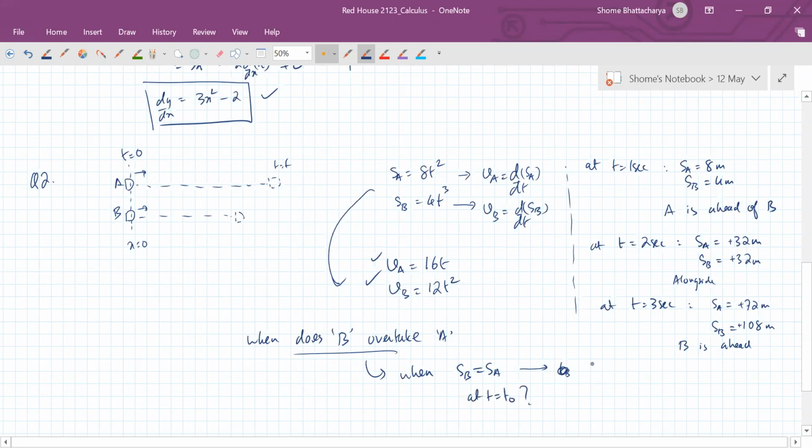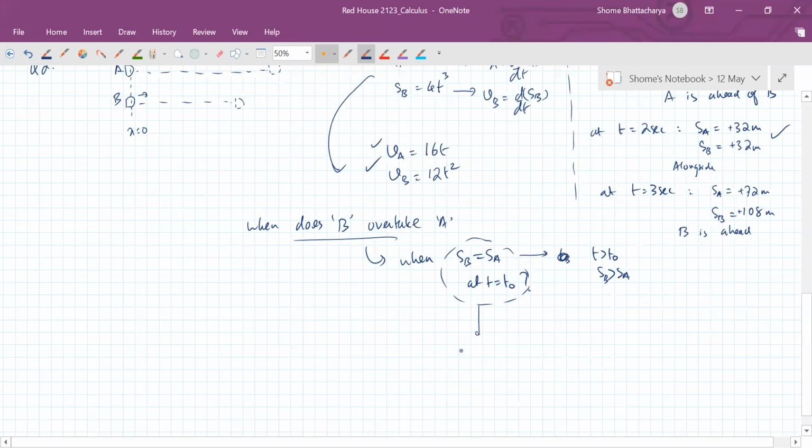Then for t greater than t naught, the displacement of B will become greater than the displacement of A. So it's overtaking at this instant, and that instant you can see is 2 seconds, which we already checked. The displacement of B, which was 4t cube, should become equal to the displacement of A, which was 8t square, so that after this moment, it should be greater.